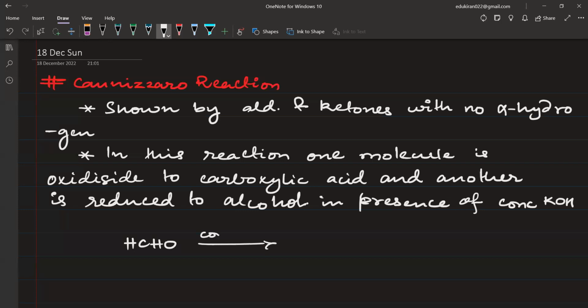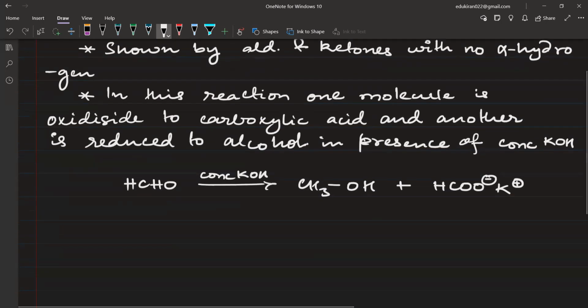In the presence of concentrated potassium hydroxide, one formaldehyde will change into CH3OH alcohol and the other will be HCOOH, formic acid. But it will not be HCOOH right now because KOH is a base. So it will be HCOO negative, K positive in the salt state.